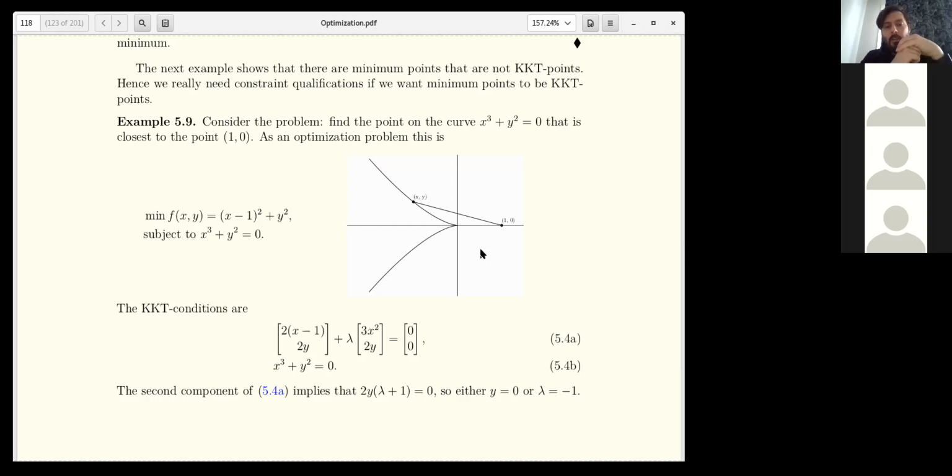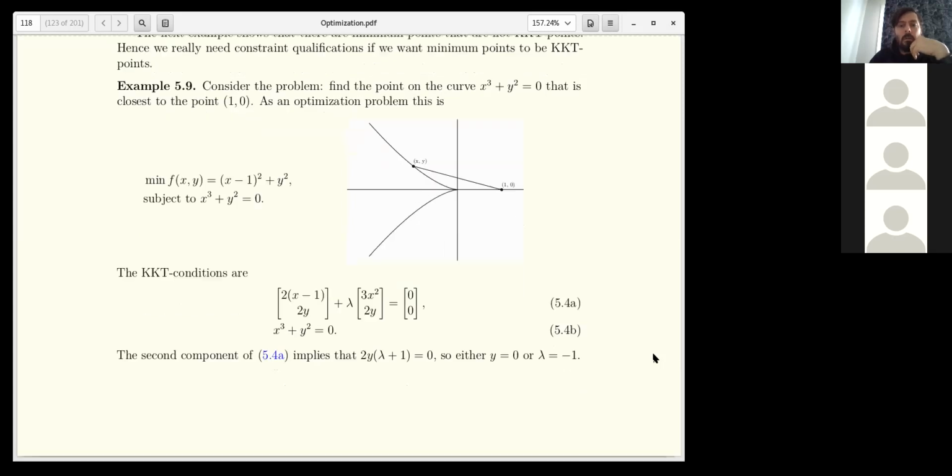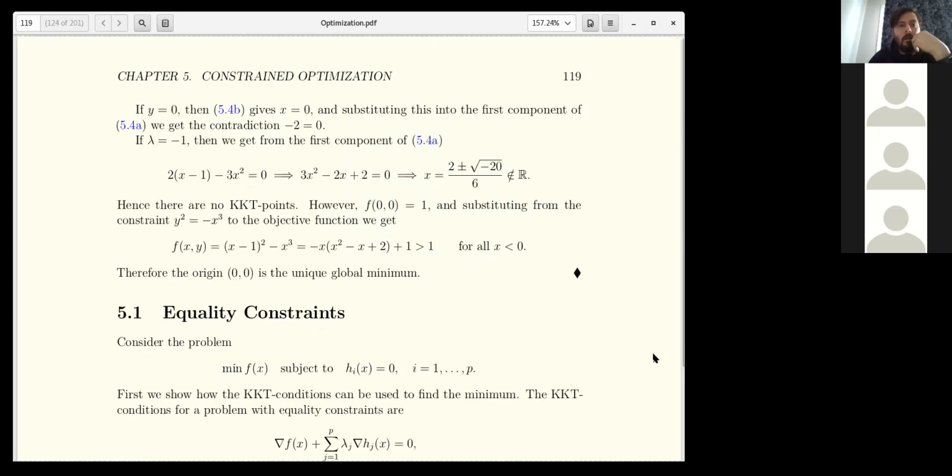Now, if we take the gradient equation, it simply says that either y is 0 or lambda is minus 1. We can try either one of those. And if y is 0, this gives us x equal to 0.